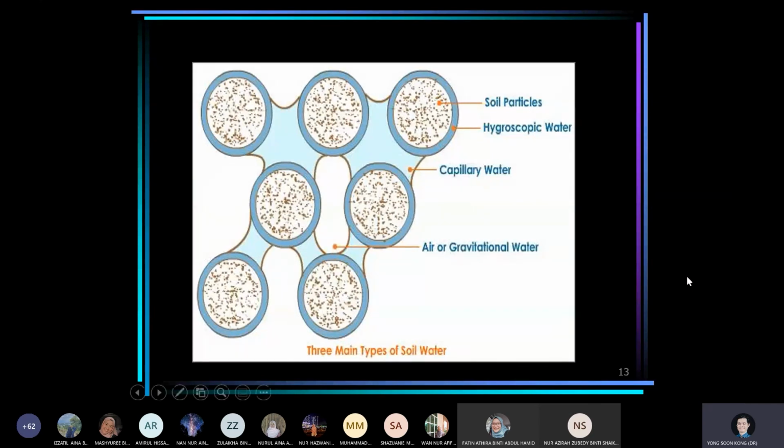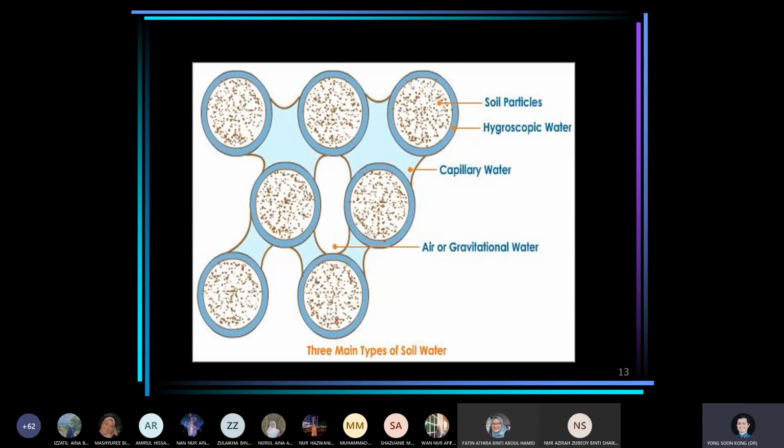Because why? Clay has many of these small particles, and the majority of the water is trapped as hygroscopic water. Do they have capillary water? Maybe, but very unlikely, because those soil particles are at the micro scale and even nano scale, so small that gravitational water possibly does not exist.